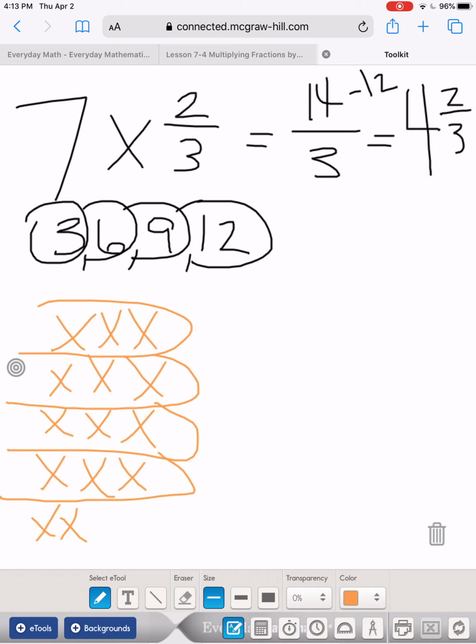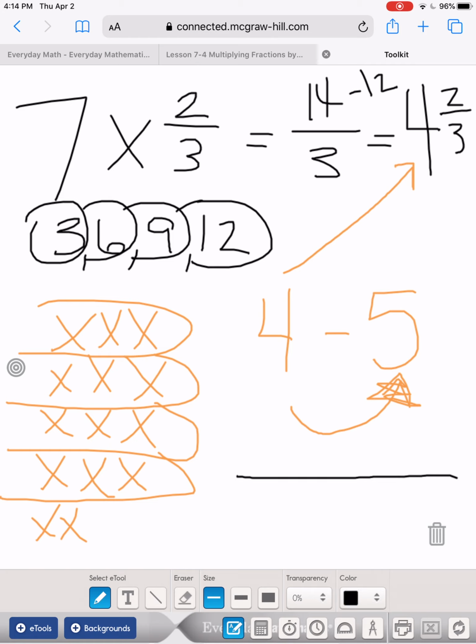Now, 4 2/3, boys and girls, would fall in between the numbers 4 and 5. So you always want to take your whole, which is 4. And then what's the next number after 4? It is 5. So if I was to plot 4 2/3 on a number line, it would be in between 4 and 5.